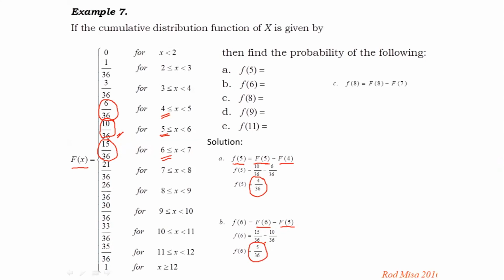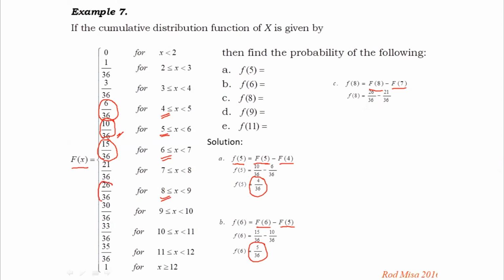But for the probability of the random variable whose value is 8, this is equal to the big F of 8 minus the big F of 7. And the big F of 8 is 26 over 36. And we just locate it here from our cumulative distribution function.